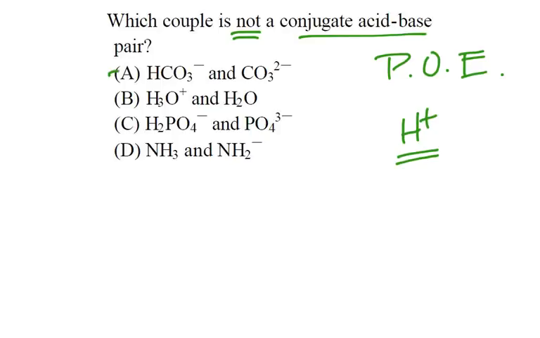So we can eliminate this answer because we can see that the only difference here is an H+. Same thing with this one and the bottom one. Each of these two differ only by H+. This is our answer because it's actually different by 2 H+. So it is not a conjugate acid-base pair.